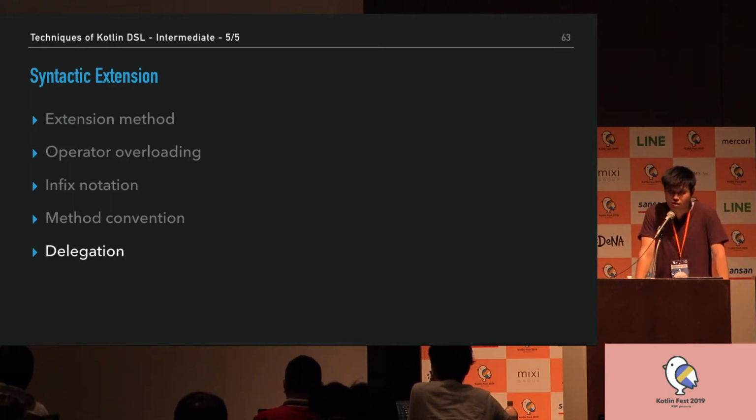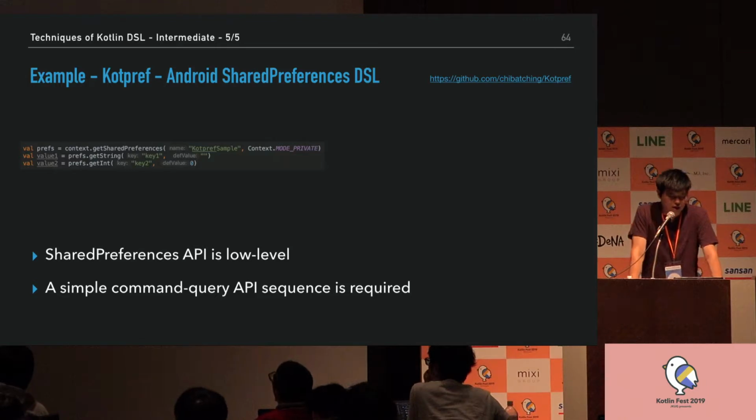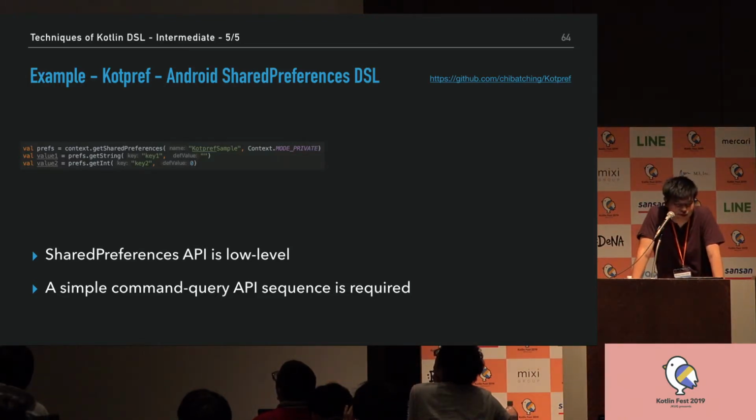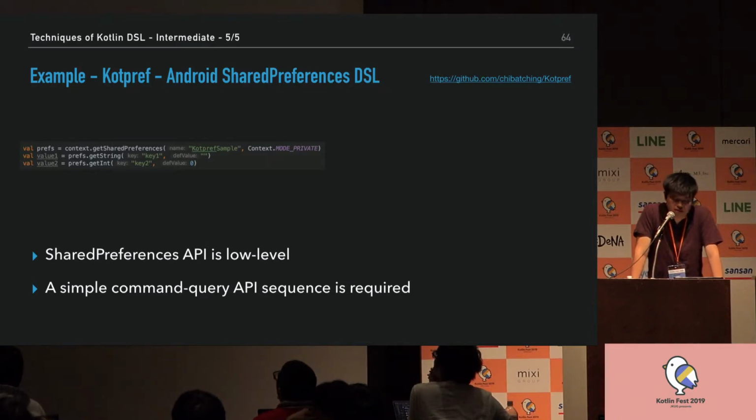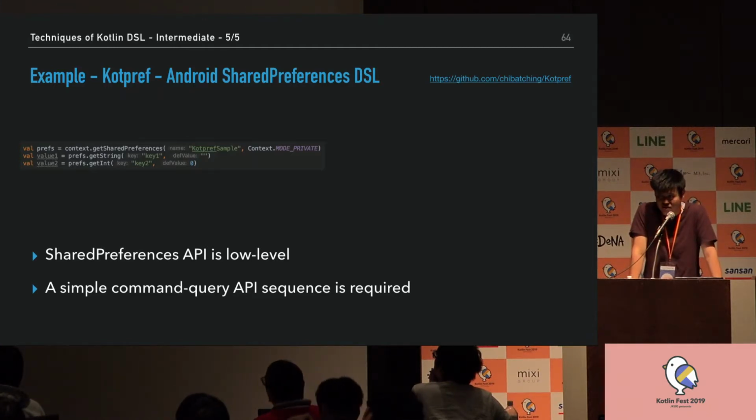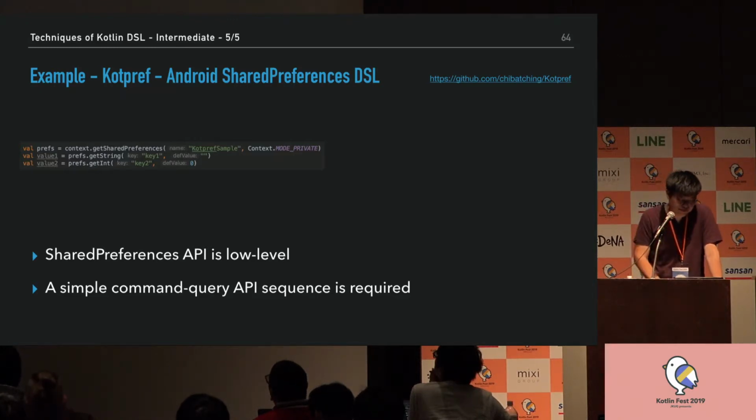The last feature is delegation. There is an example from Android development. In Android development, an API for device-scope preferences is provided. It's called SharedPreferences. But the API of SharedPreferences is low level. I mean, it has only simple read and write APIs.